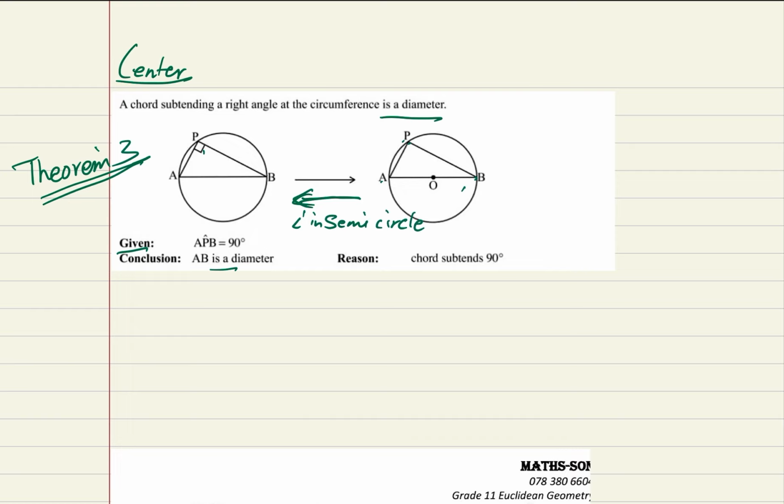That is very important. Angle in the semicircle. So this basically we can call a converse, because in this case we are given, which is something rare, 90 degrees. If we are not given the 90 degrees, you use the reason angle in a semicircle. But if we are given 90 degrees, we are going to say chord subtends 90 degrees.